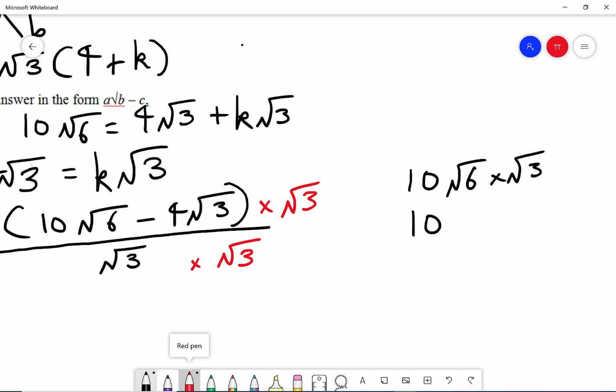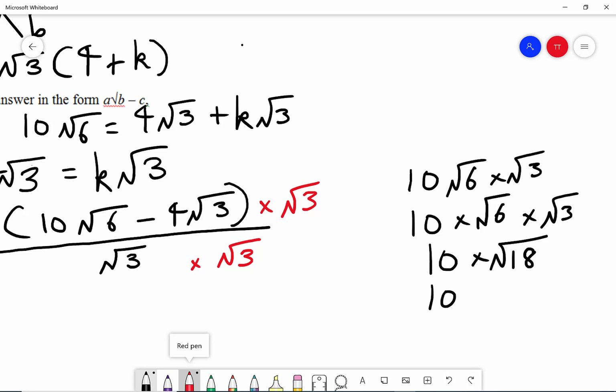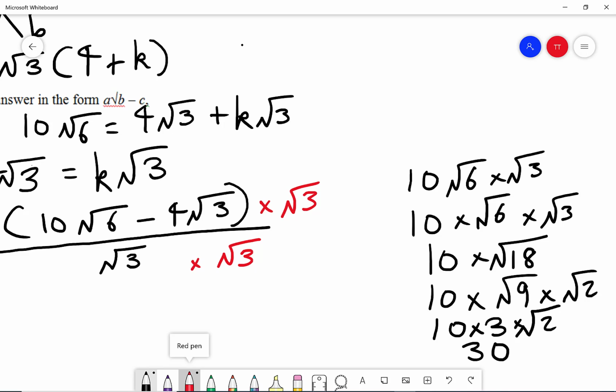So 10 times √6 times √3. That's going to be 10 times √18. Now that can be separated to 10 times √9 times √2. That's going to be 10, √9 is 3, and then we times by another √2. So we get 30√2.